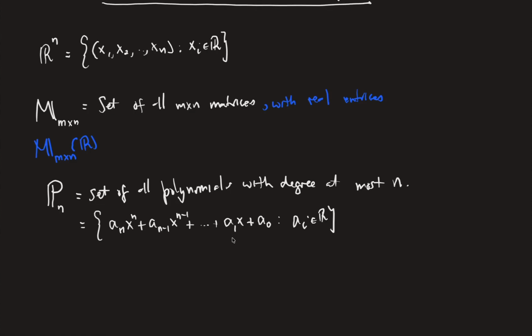So there's that. And then the third one that I want to mention is something that plays a huge role in calculus, right? And it has to do with the idea of continuity.